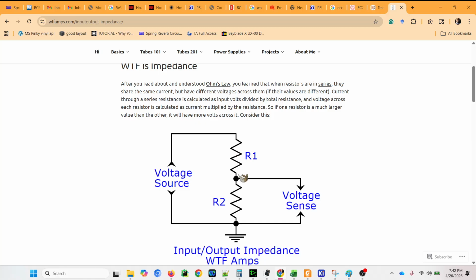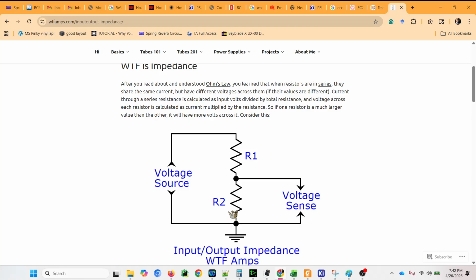We want this wiper to be as close to 100% on the volume dial as we possibly can. We want this resistor that our signal is going to have to go through to be as small as possible, so we want to make the output impedance of our tube preamp as small as possible compared to the input impedance of our mixing desk.